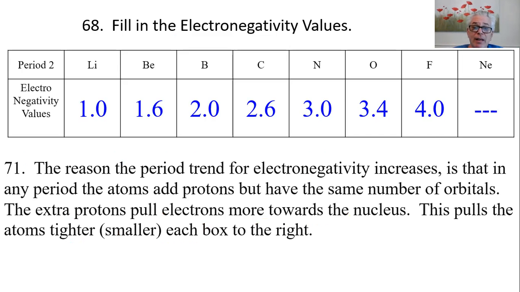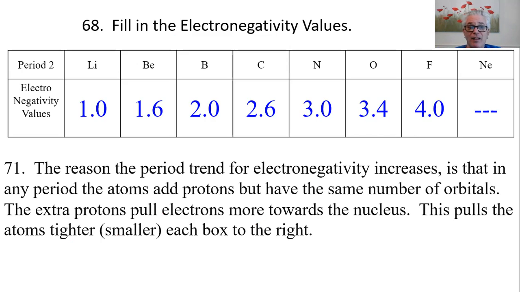Now, the reason that it increases is the same reason as for a lot of things, right? We're going across the period. The same number of electron orbitals, but with more and more protons, there's a greater inward attraction. So as you go across the table, there's a greater tendency to pull electrons to yourself because there are more protons in the middle. Plus, for the metals here, lithium and beryllium, they tend not to want to gain electrons.